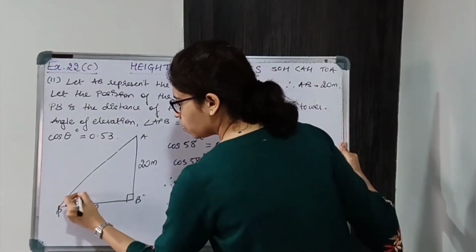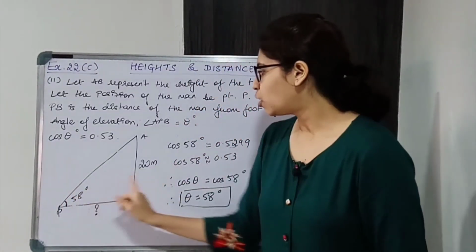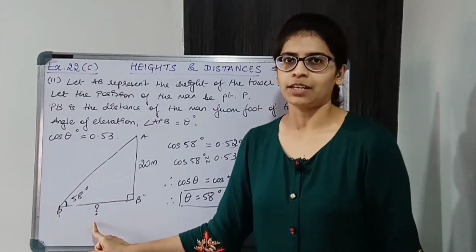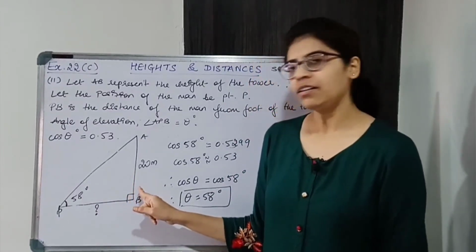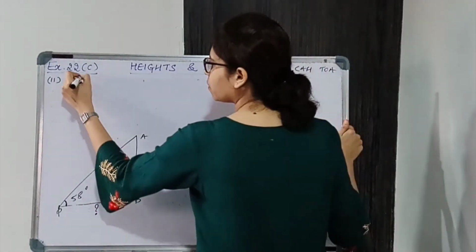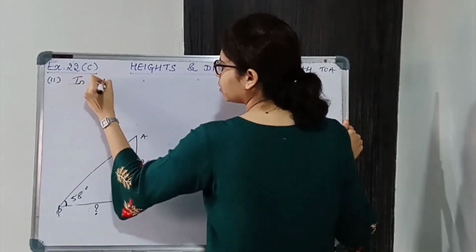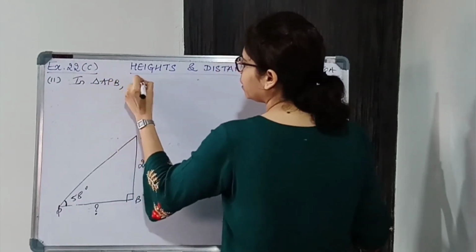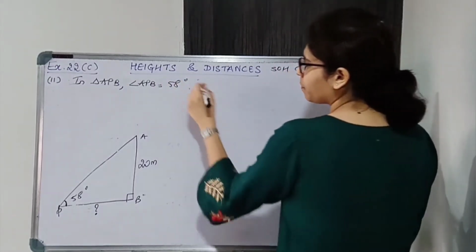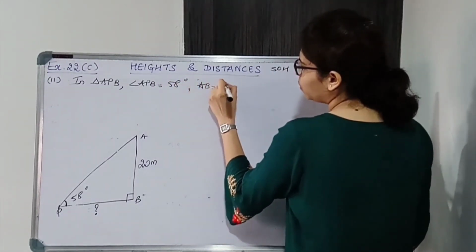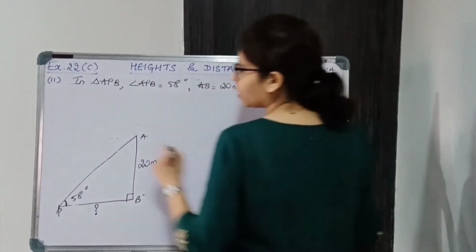Now we know the angle, the opposite side, and we need to find the adjacent side. So we'll be using this triangle APB, and we'll find PB. So in triangle APB, angle APB is equal to 58 degrees and AB is equal to 20 meters.